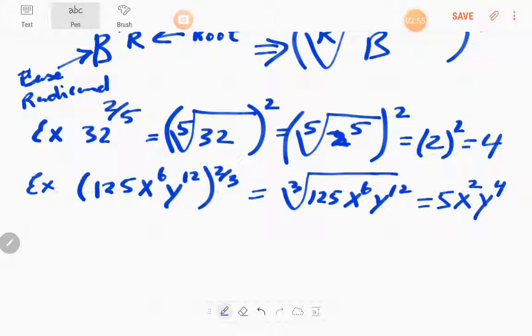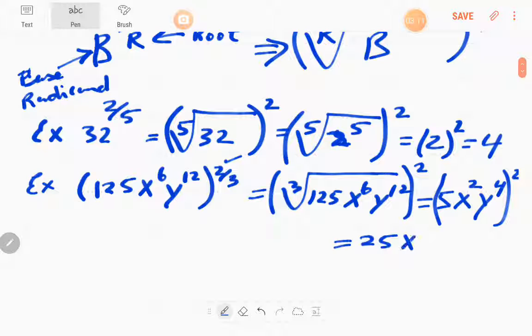And once we're done that, we have to raise it to the second power. So I forgot to use the numerator, that's the power, so we have to square that. So this becomes 25 x^4 y^8. I multiply the power times these powers here.